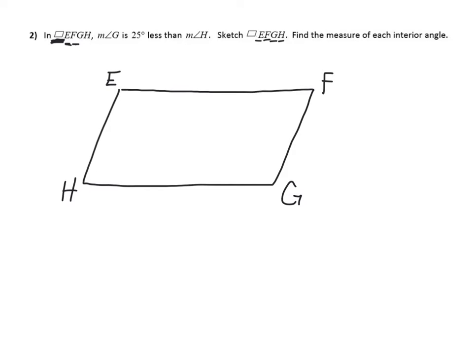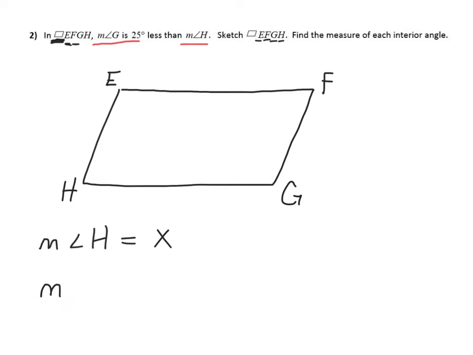Okay, next thing they tell me is that according to my angle measures, angle G is 25 less than angle H. So let's start off and let's throw in some variables. Let's say that the measure of angle H is equal to x.